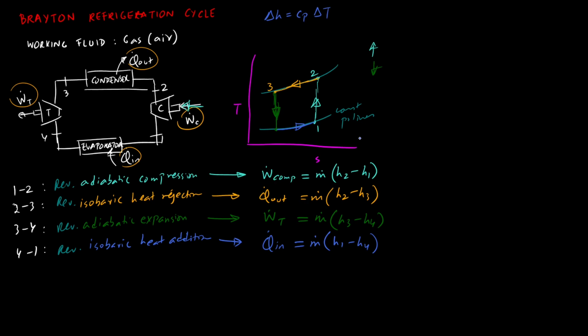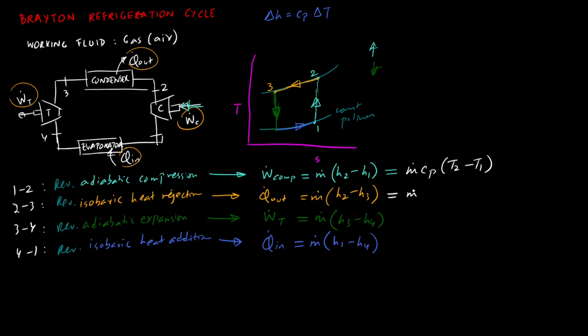Cp is your constant specific heat. And now I can equate it in terms of m dot into Cp, which is your constant specific heat, into T2 minus T1.